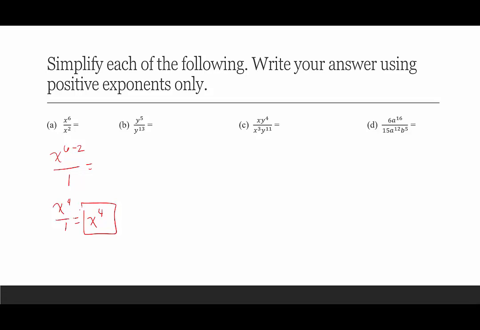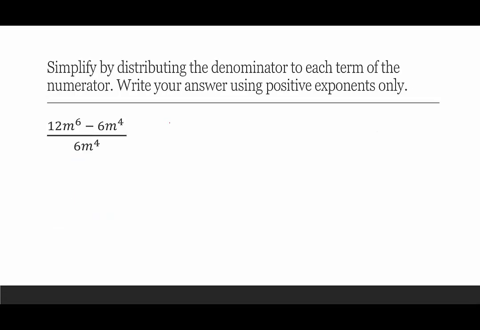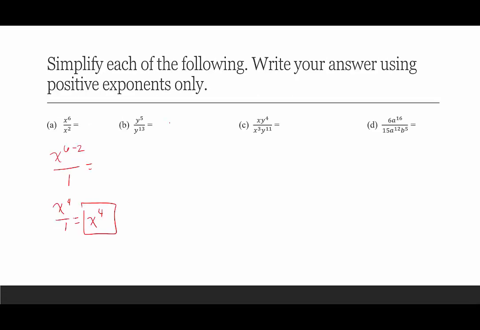In letter B, so here's what I'm talking about where we want to be careful. We have more factors of y in the denominator. There are 13 factors of y in the denominator. There are 5 in the numerator. So what that would do is we could say 1 over y to the 13 minus 5, and then we would have 1 over y to the 8th.